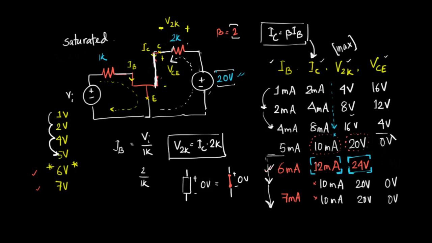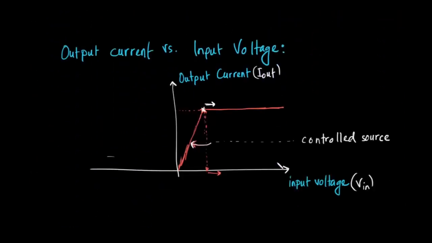It does not go below 0 volt. So after you reach that point, the transistor acts like a short circuit, as we know that a short circuit element has a constant 0 volt across it.